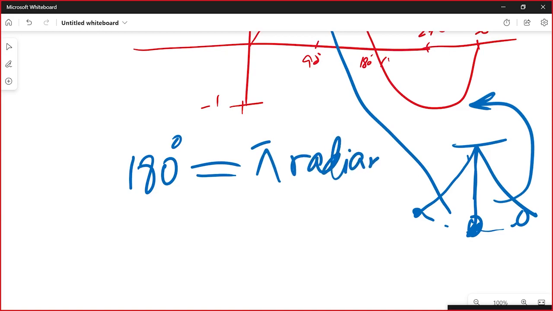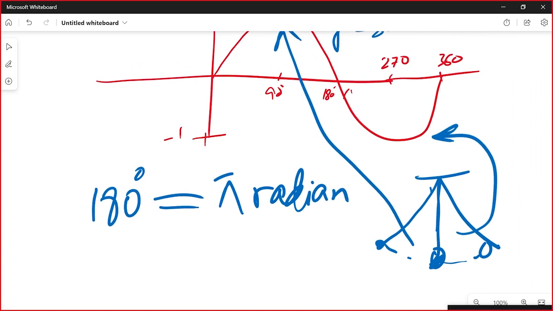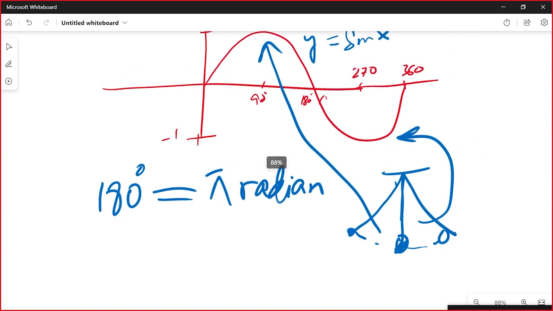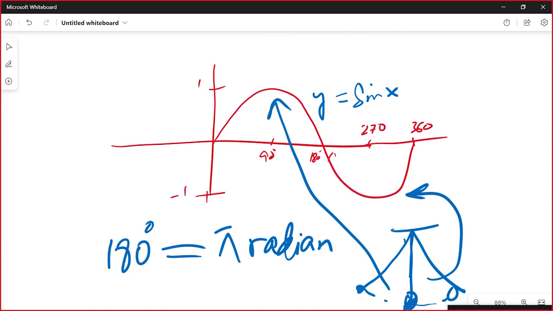So how much is this of the total circle? It is coming from 0 degrees here. On the x-axis we have the angle, right? Yep. So it is x, but it could be theta.